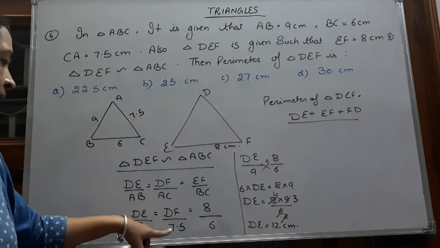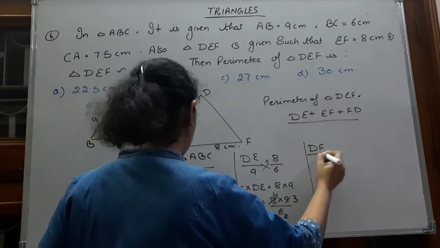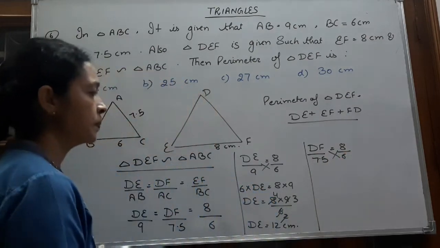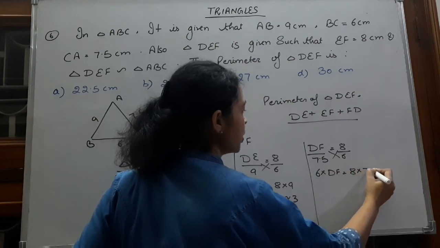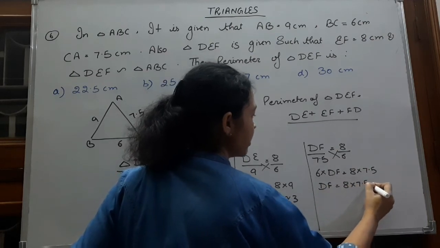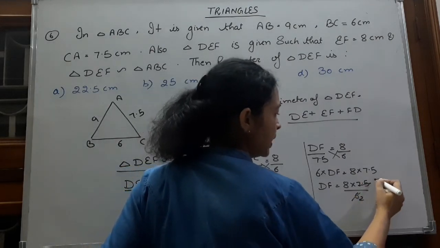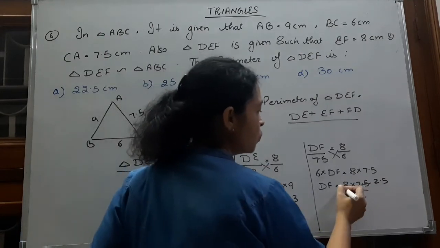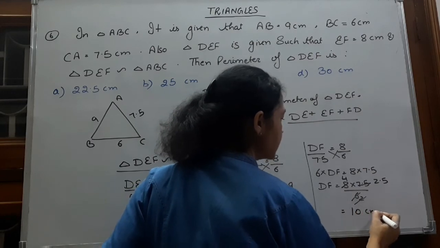Now take DF upon 7.5 equals 8 by 6. Again cross multiply. 6 into DF equals 8 into 7.5 and DF is 8 into 7.5 by 6, which is 4 into 2.5, 10 centimeters.